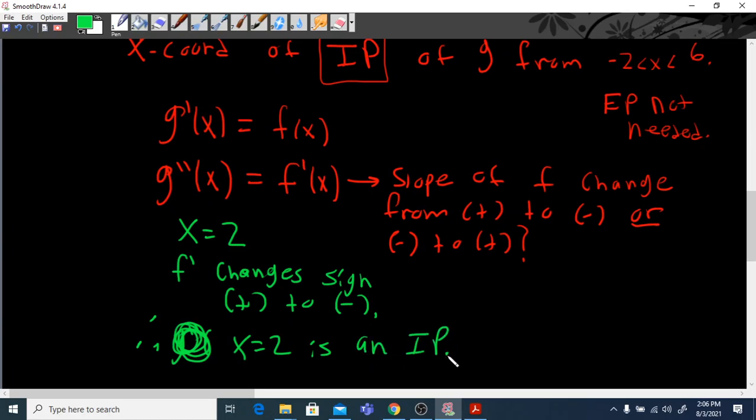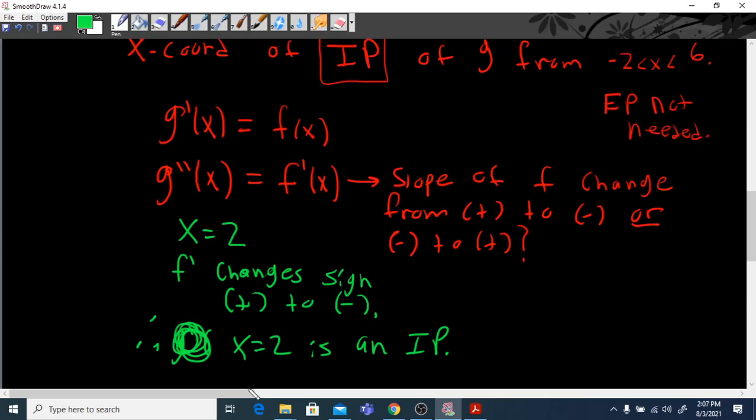Okay, what else we got? Let me take a look here. All right, so for the next part here, we have h as a function, and we want to do extrema for this function.